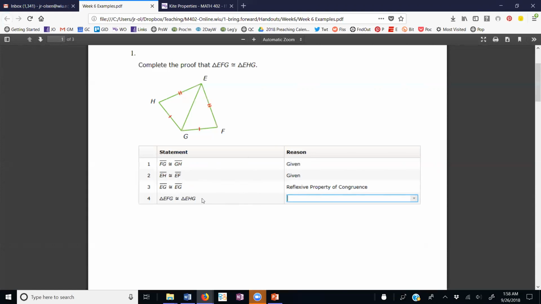And then our conclusion, which is also the last line of our proof, is that triangle EFG is congruent to triangle EHG. And the reason for this is side-side-side, and I can just put SSS here. And that completes my proof.